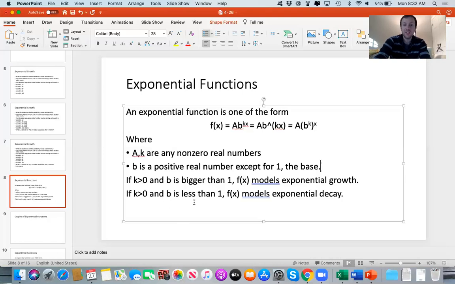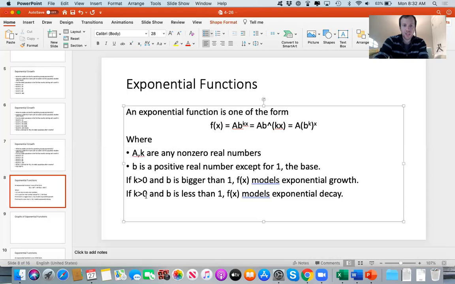In this case, think of taking a half and multiplying a half by itself. A half times a half is a fourth, times another half is an eighth, times another half is a 16th. So you keep multiplying those numbers together and they end up getting smaller. And that happens anytime you have some fraction and your k here is positive.